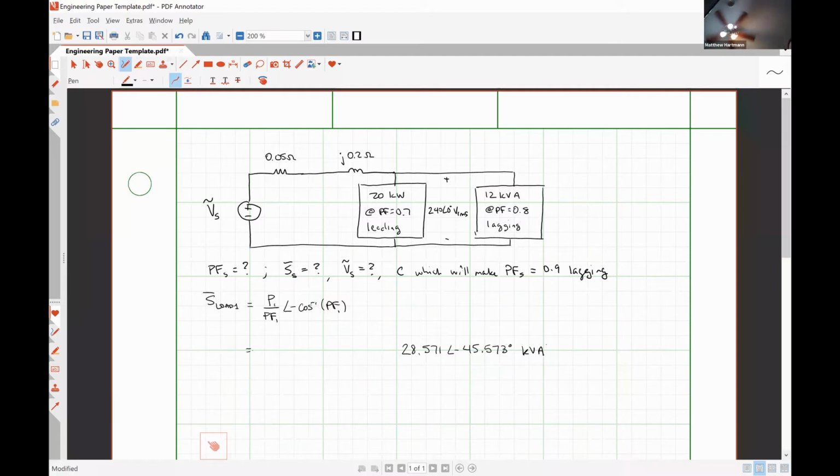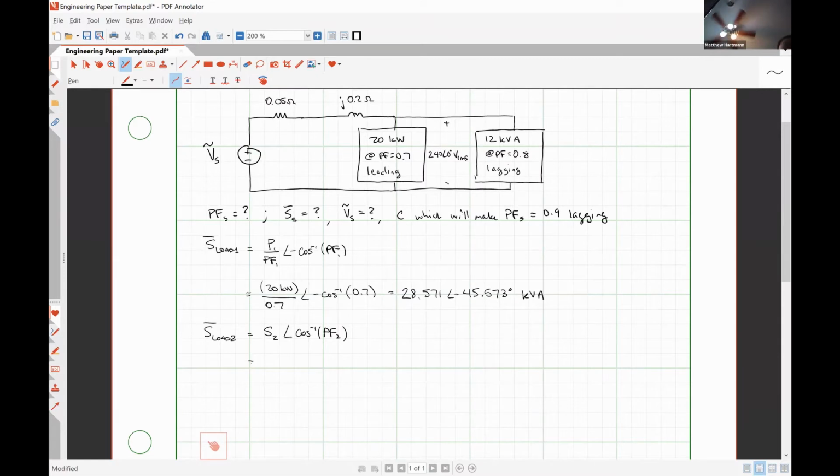For load 2, we're given the apparent power. So our relationship to find the complex power is simply our apparent power for load 2, 12 kVA, with an angle of inverse cosine of our second power factor.